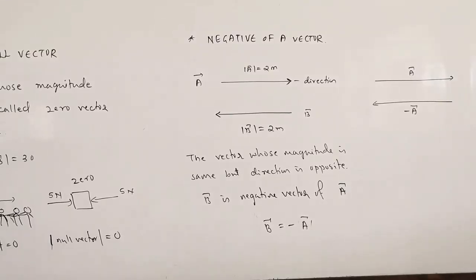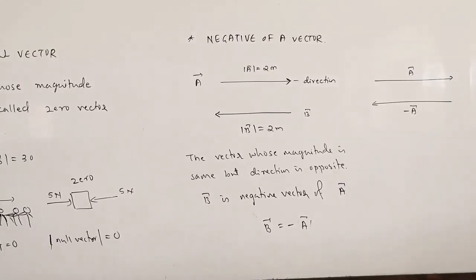So this is the negative of a vector: a vector whose magnitude is same but direction is opposite.